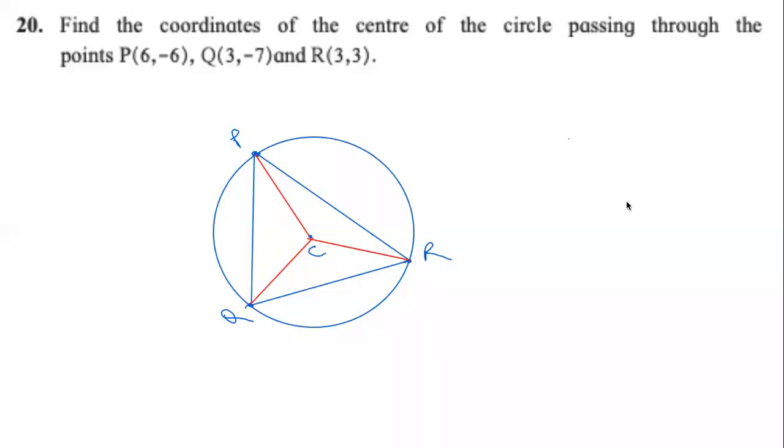Instead of saying find the coordinates of the circumcenter, it says find the coordinates of the center of a circle passing through 3 points. 3 points on a circle means they are not collinear, so they can form a triangle. So this circle is the circumcircle of that triangle, and this center is the circumcenter of this triangle. So the question remains the same.